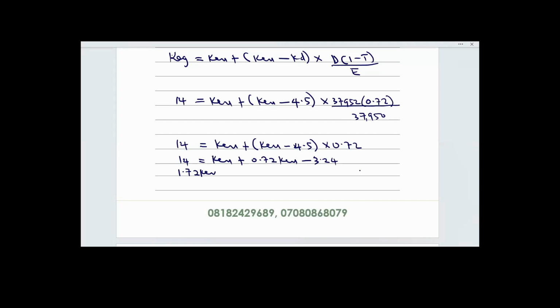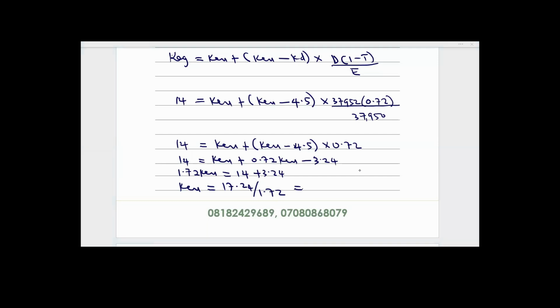KEU equals 14 minus 3.24. Therefore, KEU is equal to, sorry, it has to be plus, so that's 17.24 divided by 1.72. What do you have there?